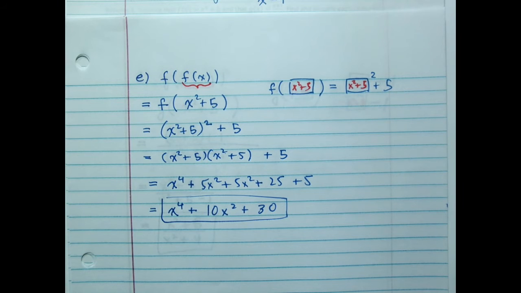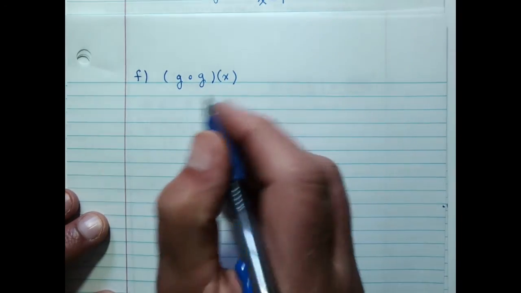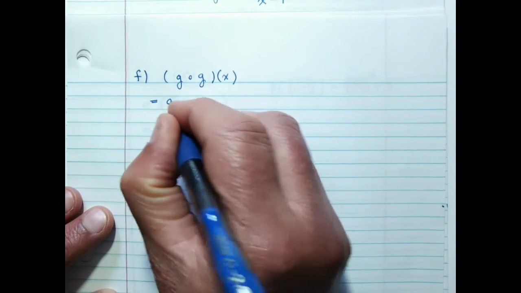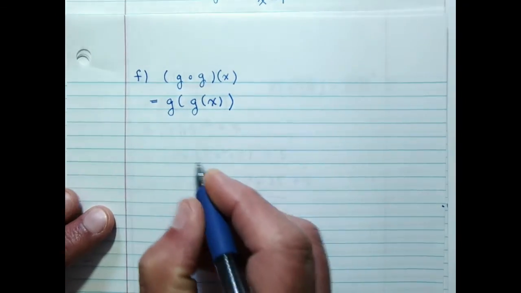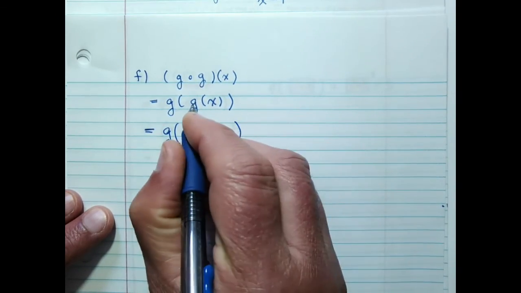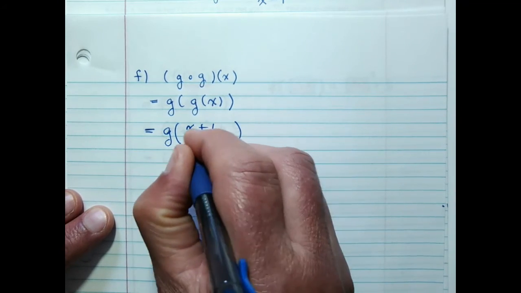And I think we've got time to do, yeah, we're going to do F, because it's also part of this problem. g composed with g, g of g of x. I know I'm going to replace the g of x inside with x plus 1 over x minus 1.